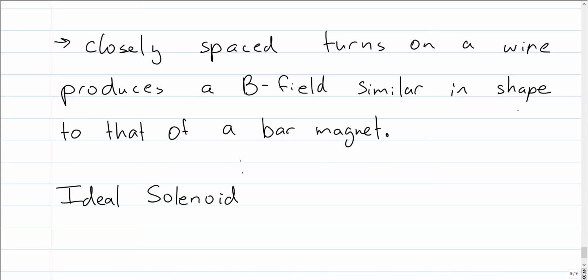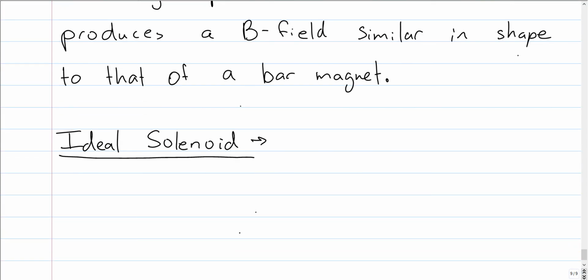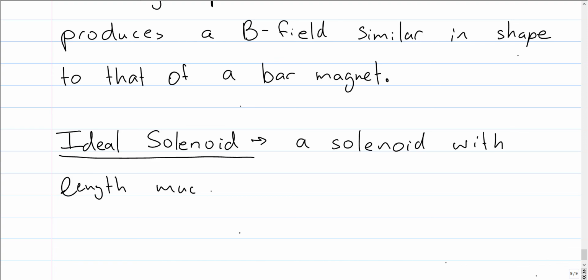So it's going to be much longer than it is around. So the definition of an ideal solenoid as opposed to an ordinary solenoid is that an ideal solenoid is a solenoid with length much greater than the radius of its turns.